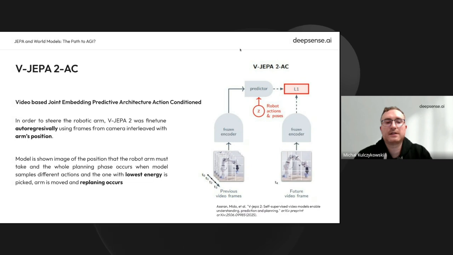The one with the lowest energy is picked. The robotic arm tries to move closer to the destination, and the replanning is repeated. So again, we pick another trajectory from the one of the lowest energy.